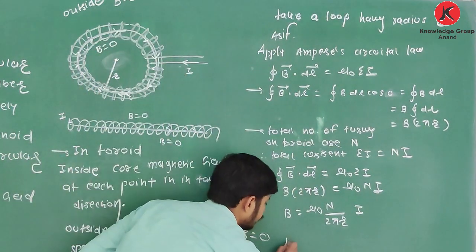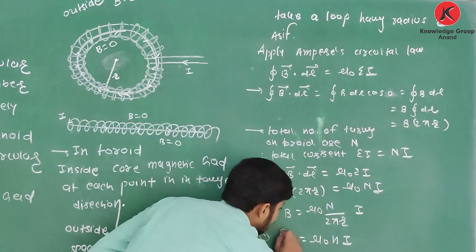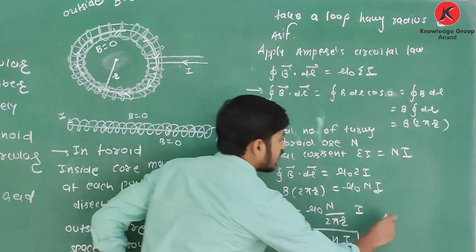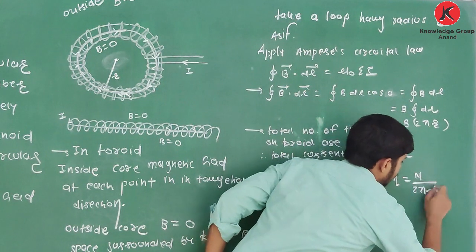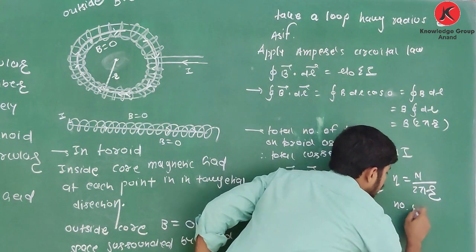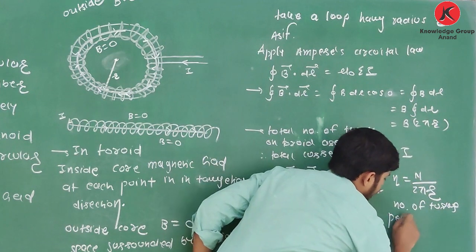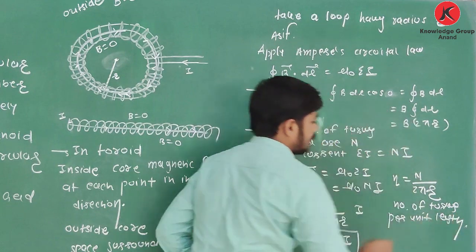So I can write this equation as B is equal to mu 0 n I, where small n is equal to N upon 2 pi r, the number of turns per unit length.